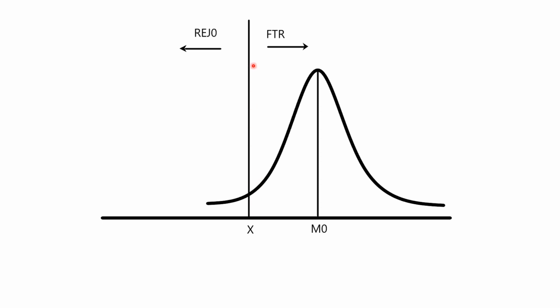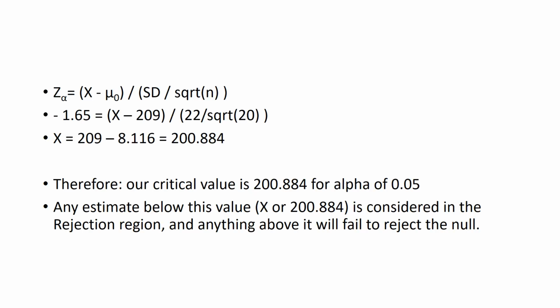And anything above our critical value, we fail to reject the null hypothesis. You are very familiar with this. Up until now, you've faced a lot of examples for this. So we'll basically just skip through the calculations. These are here if you needed to check the numbers.